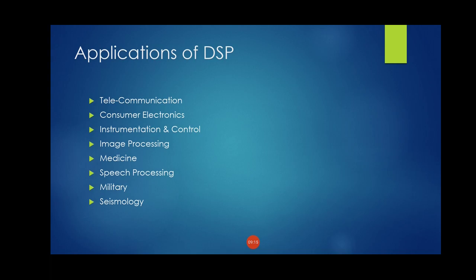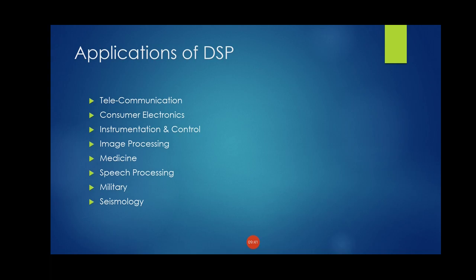Now, moving to the applications of DSP. The applications of DSP are many. To name a few, we have the telecommunication field, electronics field, instrumentation and control. For example, in instrumentation and control, we have digital filters, PLL, then servo control, robot control, process control.